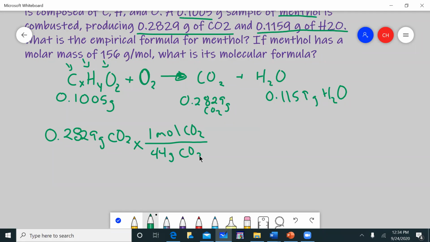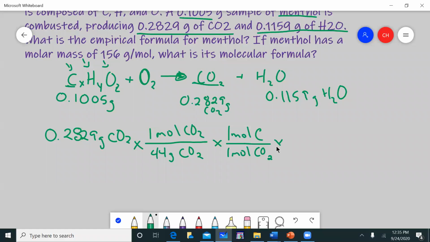Why do we need to get into moles? Because I want to go from this value over here to how much carbon, and all the carbon was consumed here. I know the mass of the molecule, so in order to jump from the molecule into the individual amount, I have to be in moles. From there, 1 mole of CO2 will yield 1 mole of carbon. Why? Because you have 1 atom of carbon in every 1 molecule.